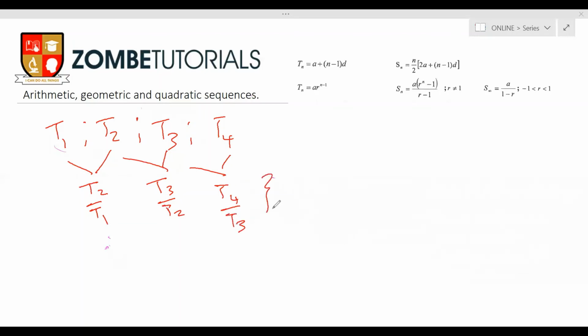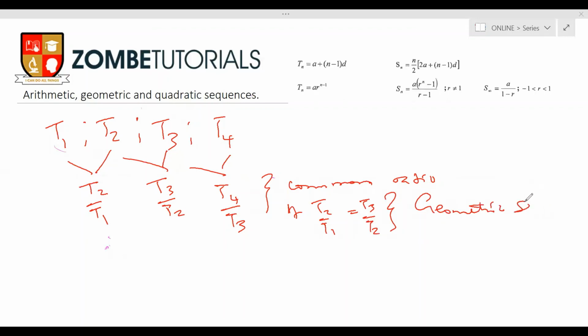So we call this the common ratio. If T2 divided by T1 is equal to T3 over T2, then that means we are dealing with the geometric progression, or a geometric sequence or series.